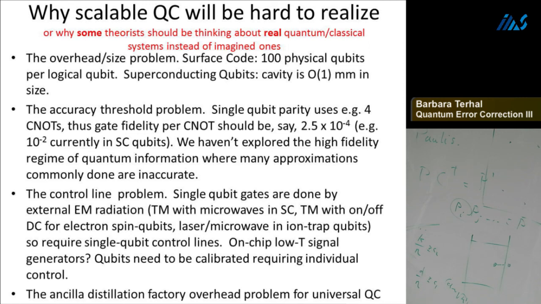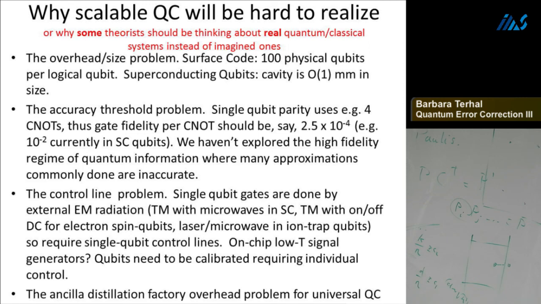So that is demanding. Then there is the more pure theory work, where you can ask how we can shave off the overhead of realizing a universal set of gates for a stabilizer code.